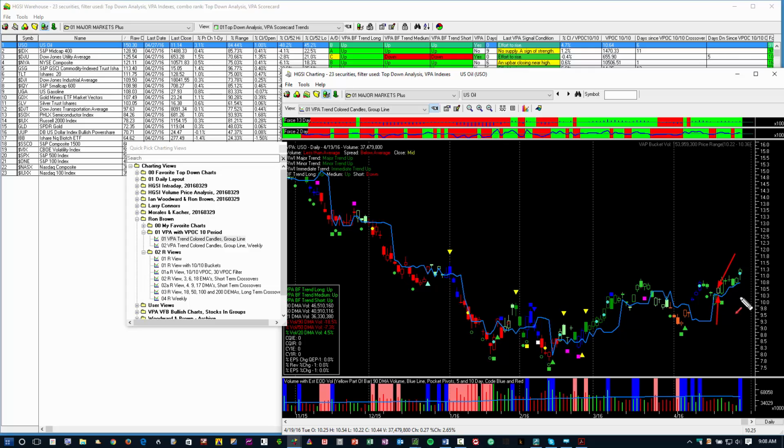Oftentimes you're going to find that the volume point of control, I needed to move this over. Let me take that off there, put the crosshair on. Let's see how this stacks up with the crosshair. Okay, the volume point of control was right there, and you can see the 13 was already positive on the force, and the 2 fired that same day right here.